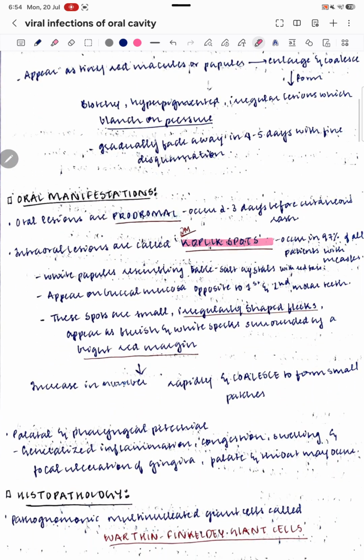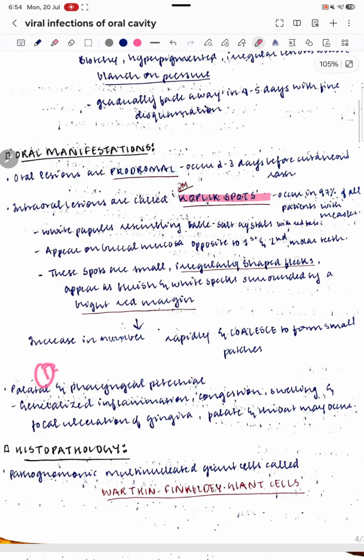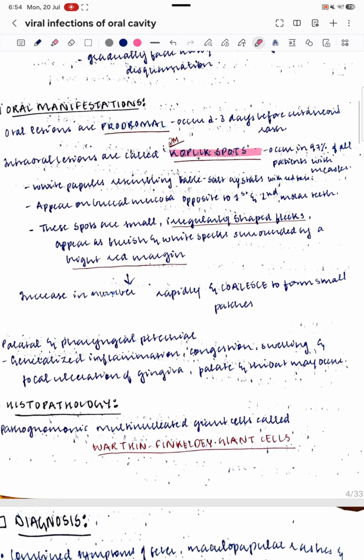So Koplik spot firstly is an oral manifestation of measles, and it is seen in the prodromal stage of measles. Koplik spots occur in 97% of patients with measles. What kind of papules are they?